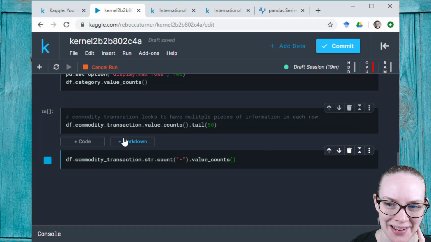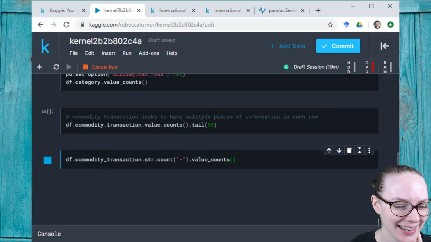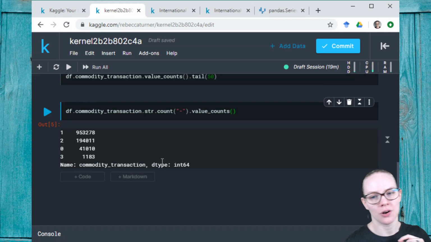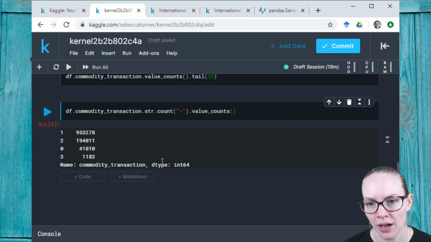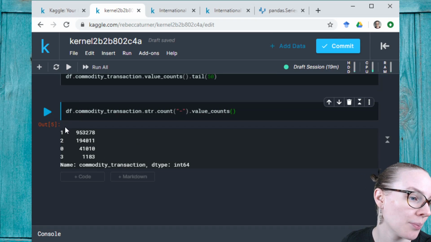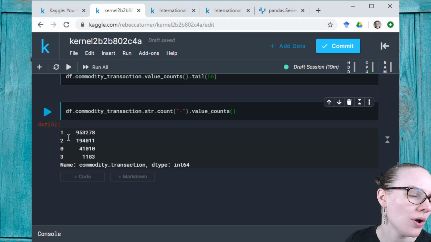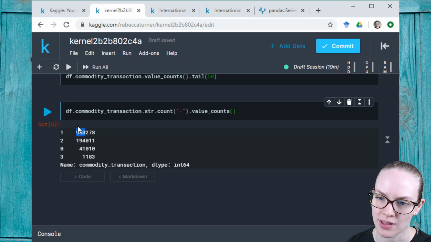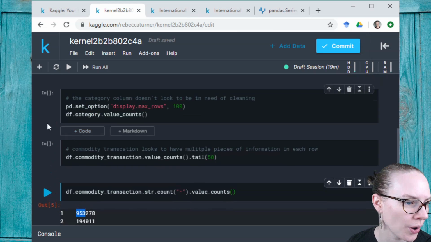I probably shouldn't be running this regex repeatedly. It is a slow one. All right. So this is the distribution of number of dashes per row. The majority, 953,000, have one dash per row.